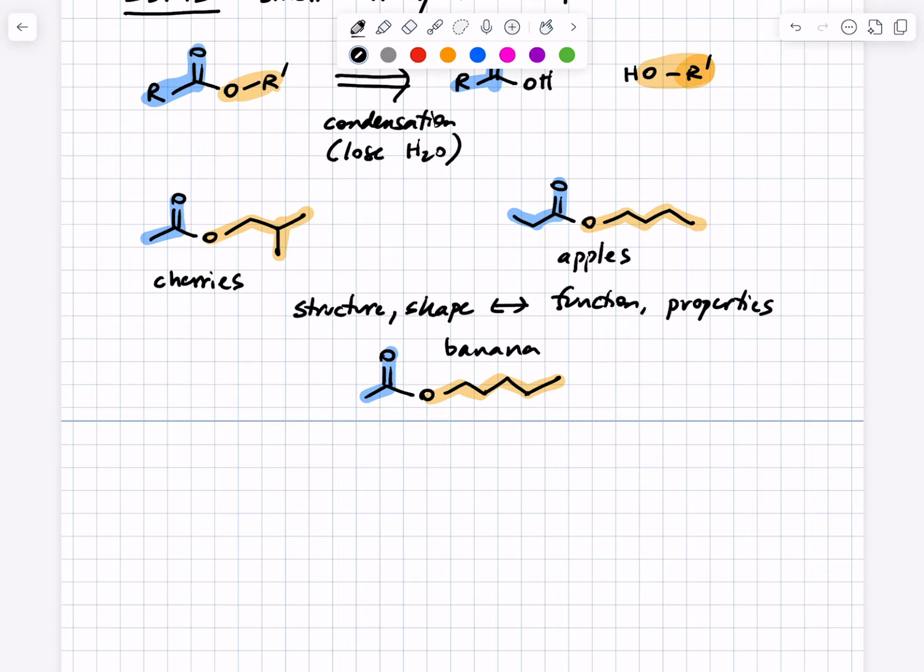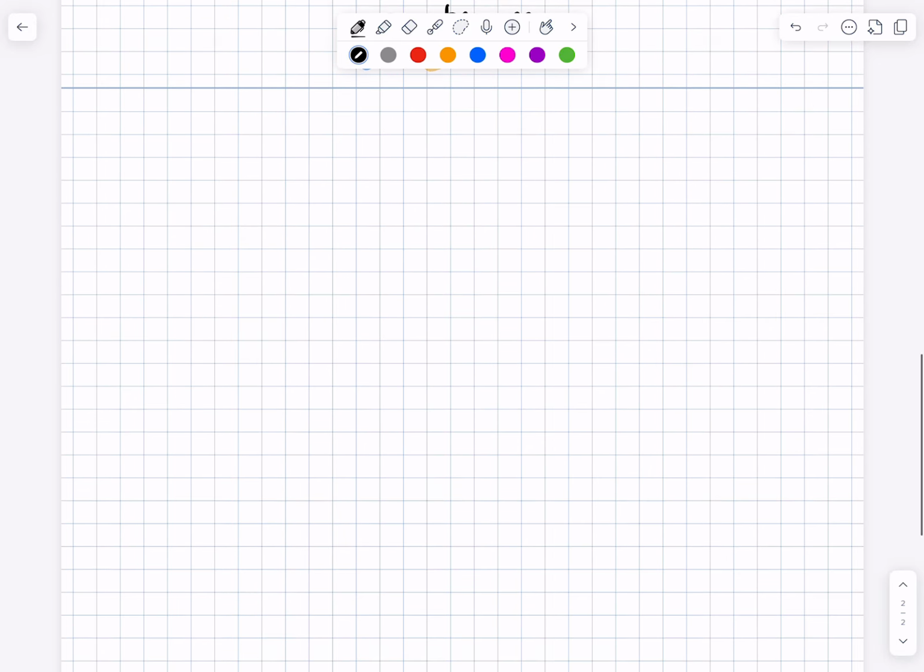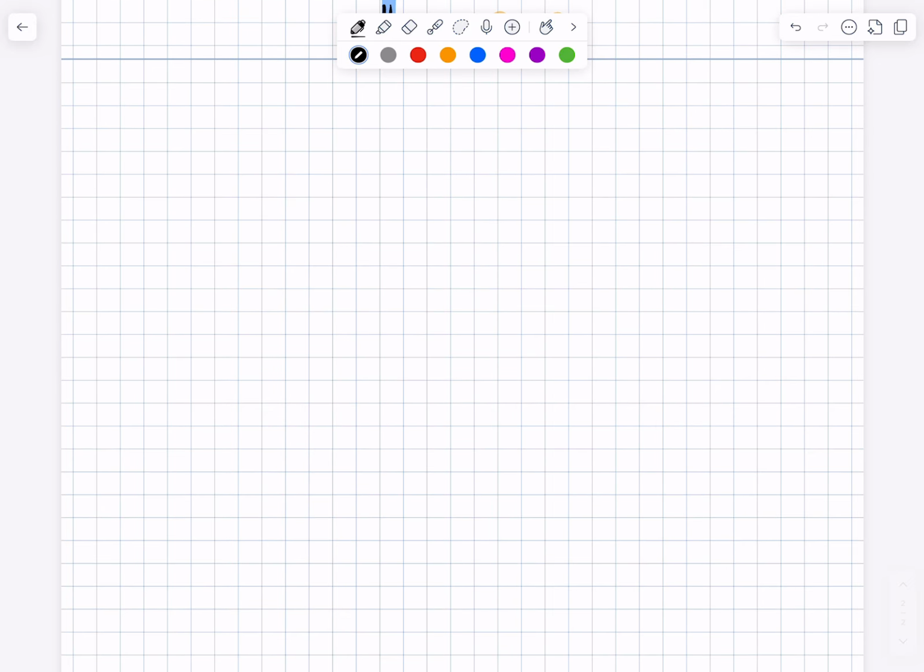All right. Another ester that's related to foods that is pretty important that we'll talk about a ton more is esters that are present in fats and oils. So, behold, the more complicated name for fats and oils is triglycerides. The triglyceride is a triester.